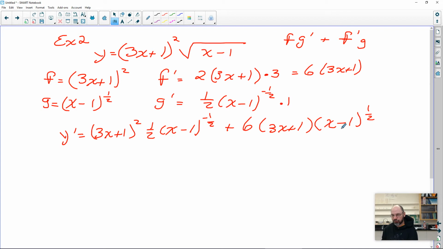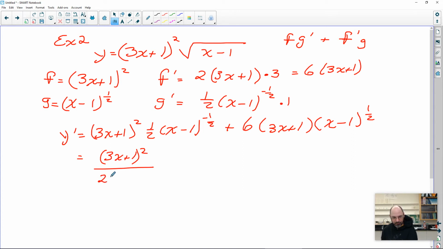We could write this as root x minus 1, and we can write this one as root x minus 1 on the bottom with the 2 if we want. So you could rewrite it like this, 3x plus 1 squared on the top, and then this stuff flops to the bottom because it's a negative root.